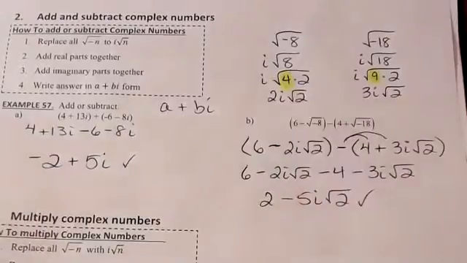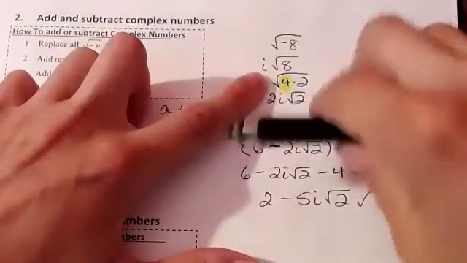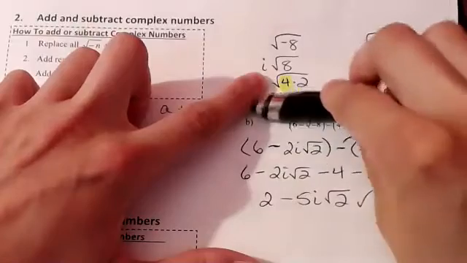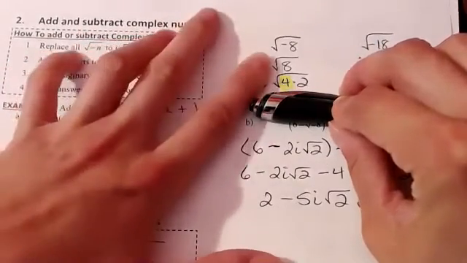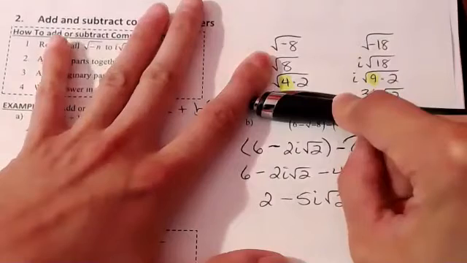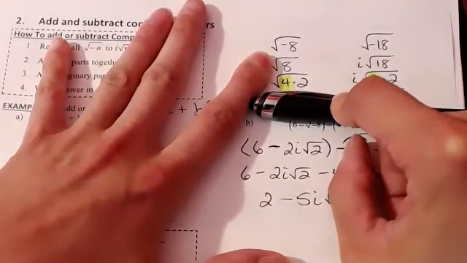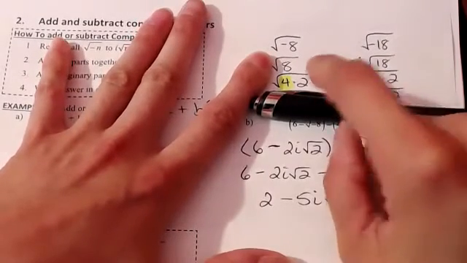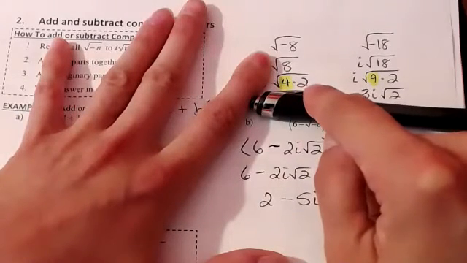Okay. So recall, let's pretend this i isn't there, and I'm just going to cover that up. If you just had the square root of 8, you'd say square root of 8 breaks down into square root of 4 times 2, because you always want to break it down into a perfect square and the other factor. Wouldn't you say that this becomes 2 square roots of 2?